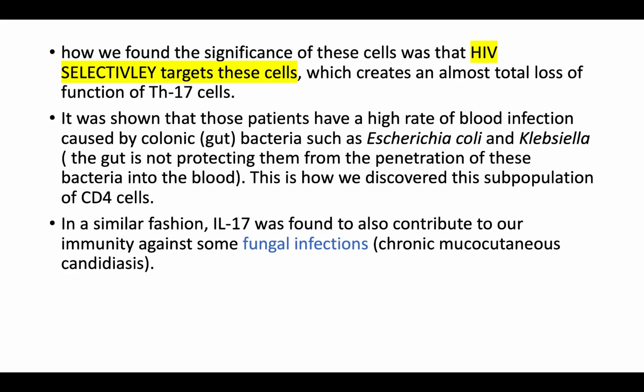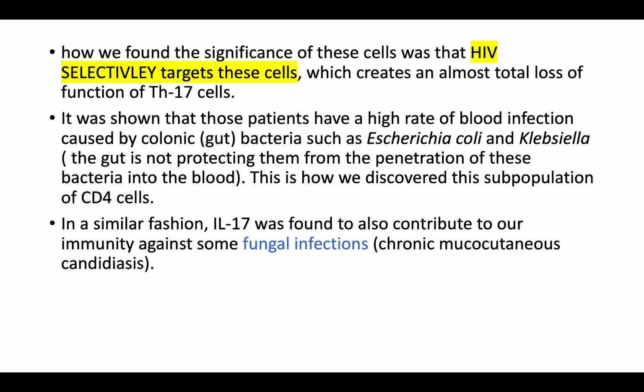So how we found the significance of these Th17 cells is that HIV selectively targets the Th17 response. So these patients have a high rate of invasion of gut bacteria into their blood. They get blood infections caused by gut bacteria like E. coli, Klebsiella.